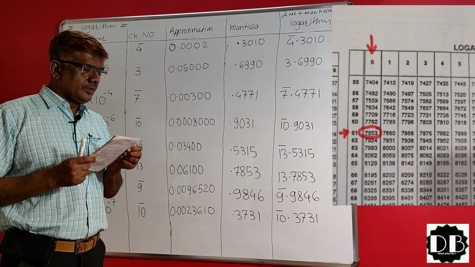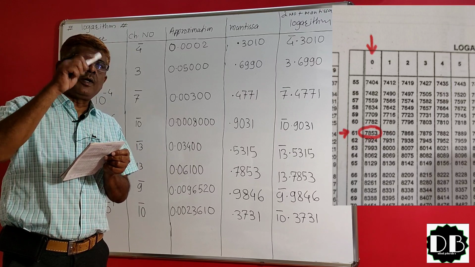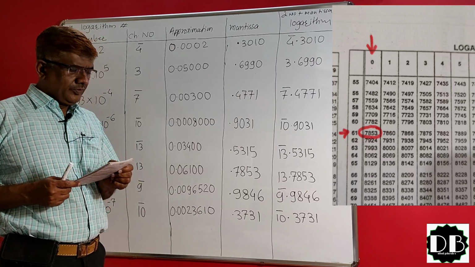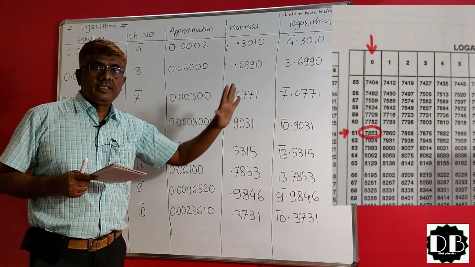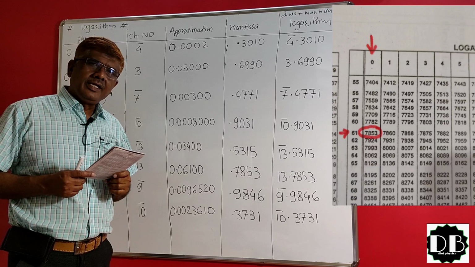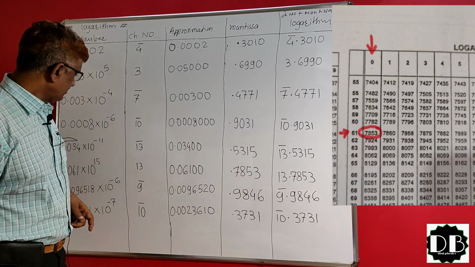In the first column search 61, and the very next column, that is the column of 0, meet each other at the point 7853. You can also see this picture in one corner of this video. Please observe it, understand it and follow it for so many examples and carry on the same method.